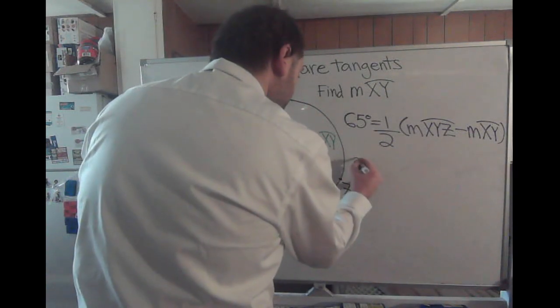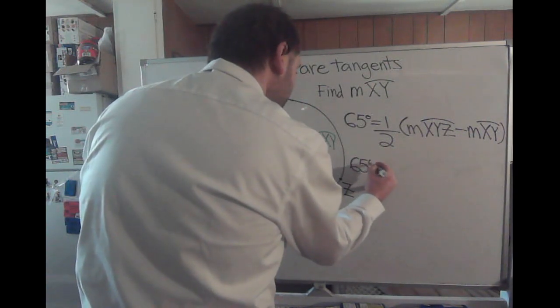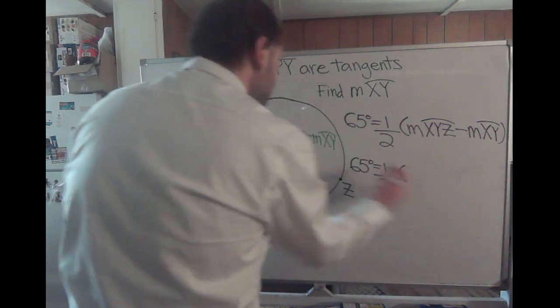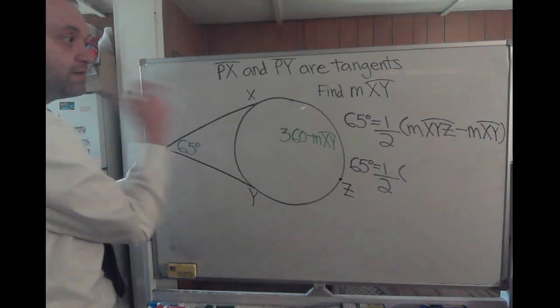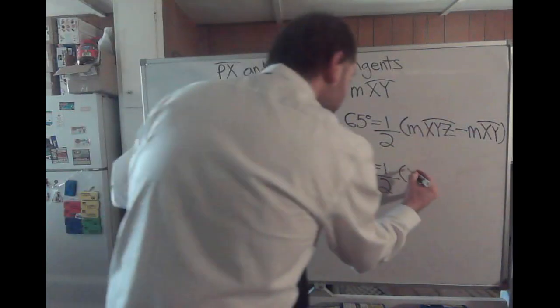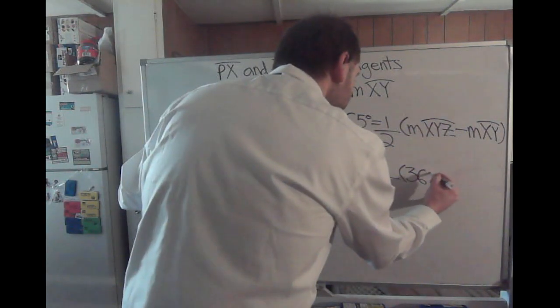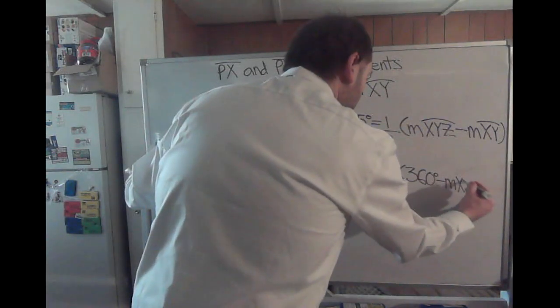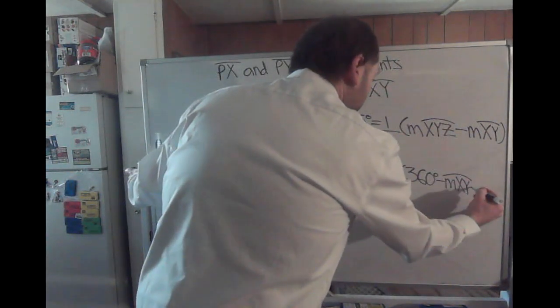So then you're going to have 65 degrees is equal to half. Let's substitute that value in for the measure of arc XYZ. That'd be half of 360 degrees minus the measure of arc XY, minus the measure of arc XY.